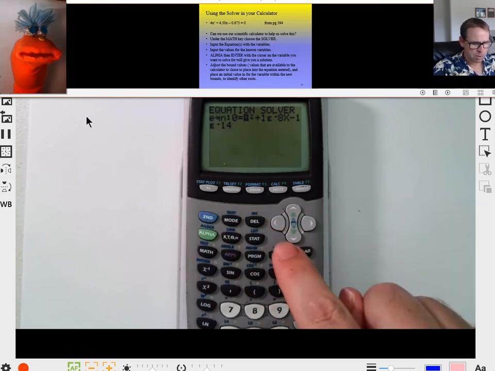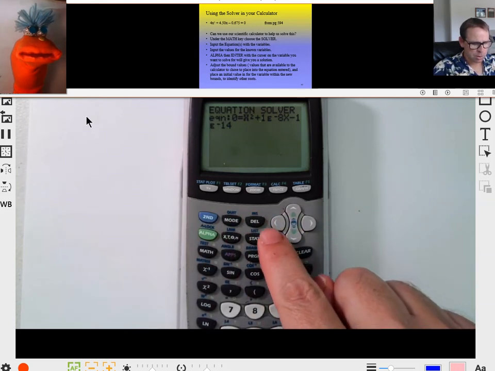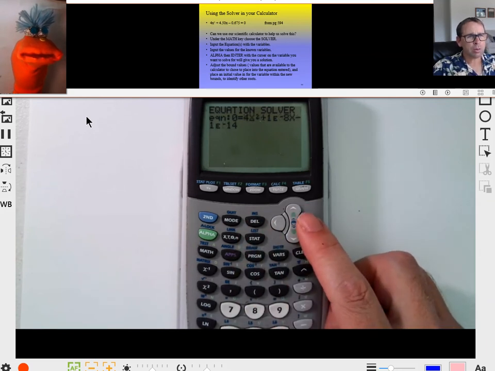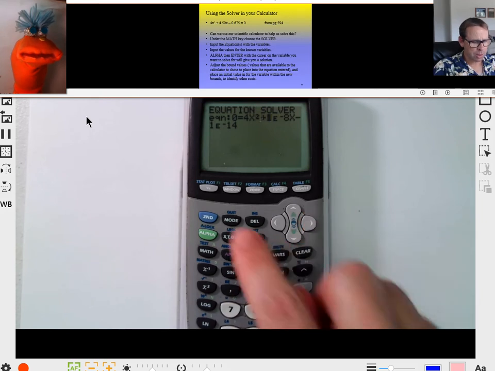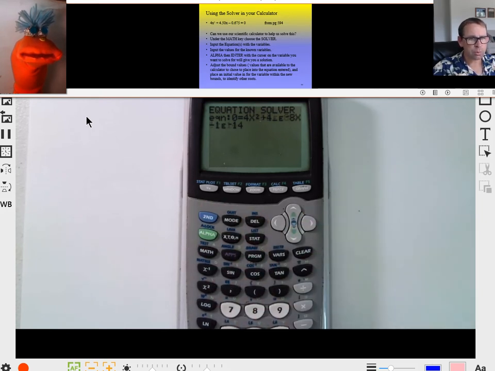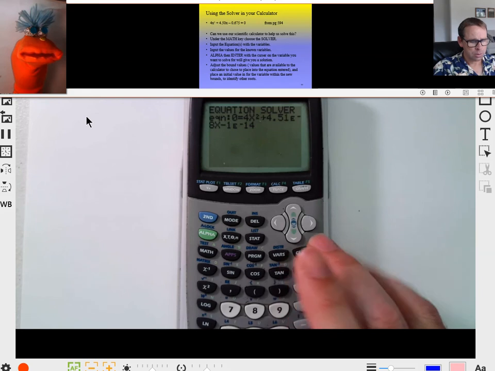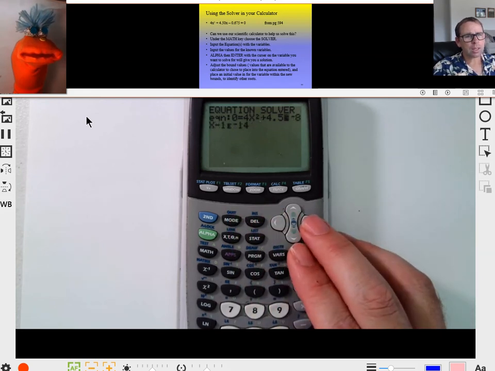I'm going to insert right there. 4x squared plus 4.5, insert, 4.5x.